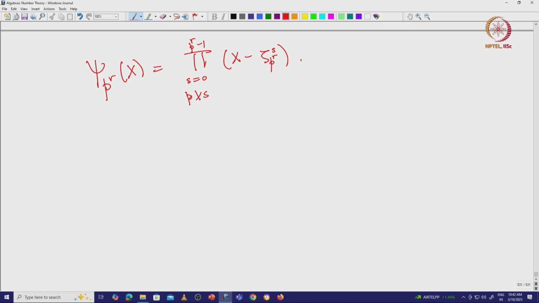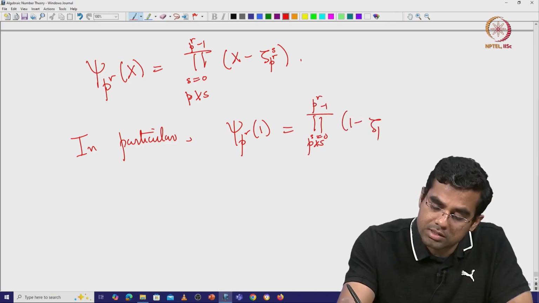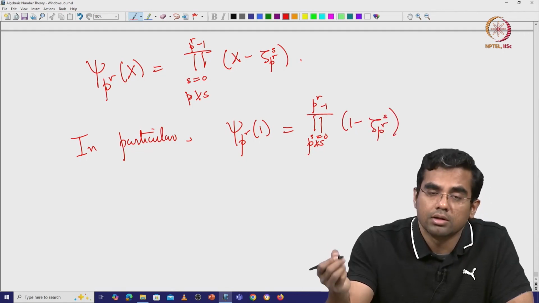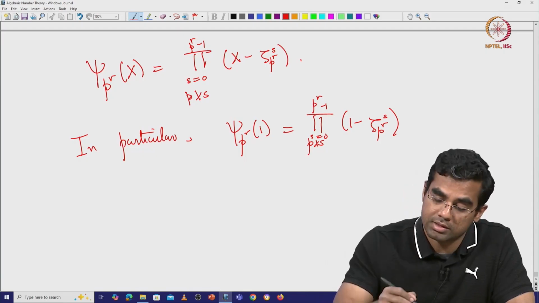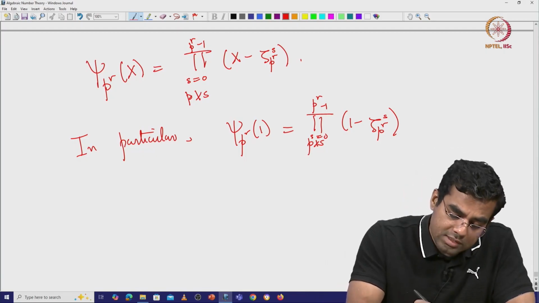Right. So, in particular psi p to the r (1) is just the product over s with p not dividing s, s going from 0 to p to the r minus 1, of 1 minus zeta p to the r to the s. Okay, none of these factors is 0, by the way, that is easy to see. But what is psi p to the r of 1?